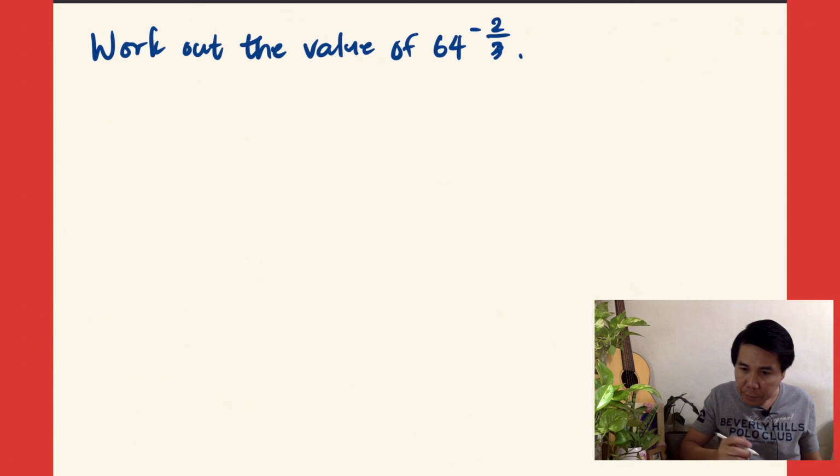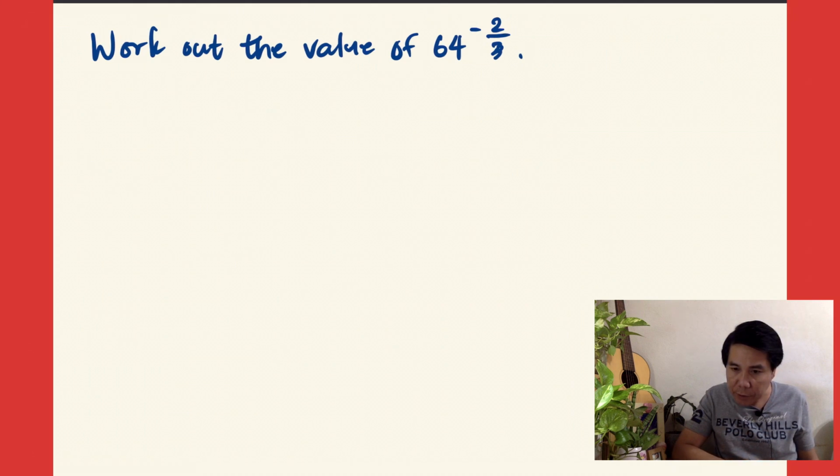There are 3 steps to deal with this. First of all, we have the reciprocal for the negative power, the fraction splitting it up, and the roots and powers. So we shall take them one step at a time.